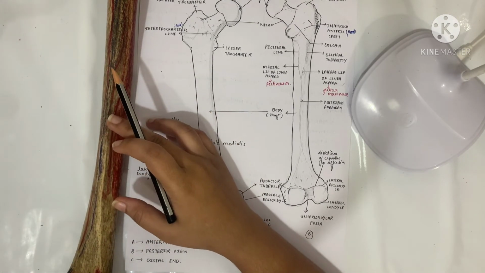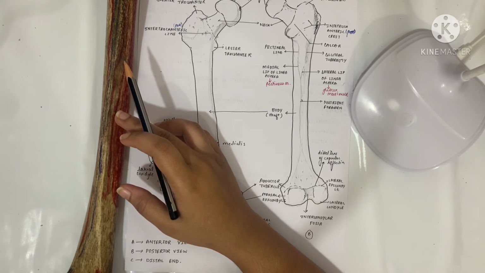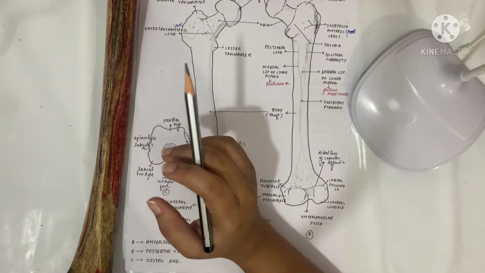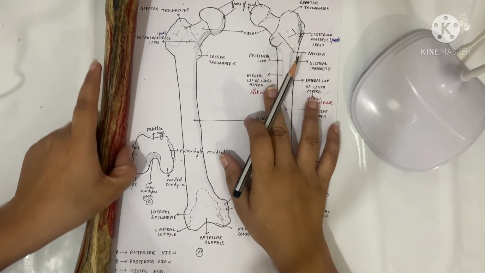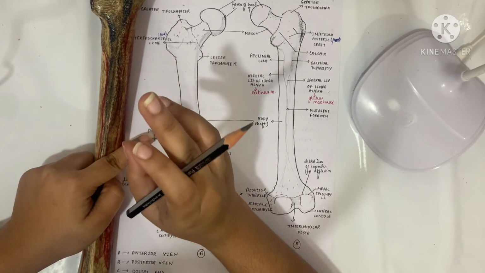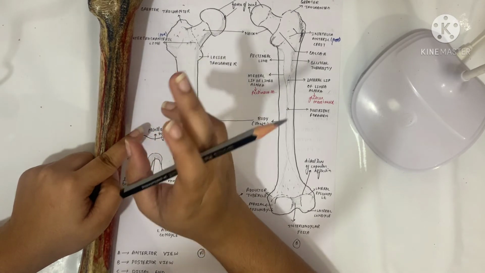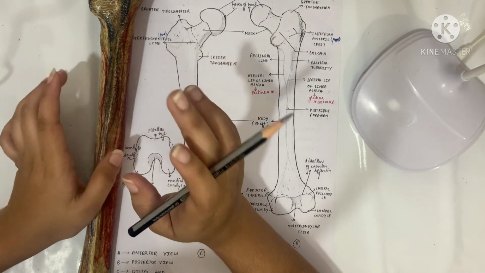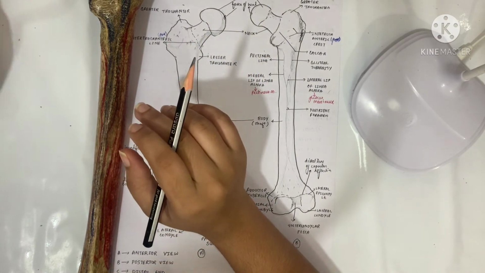So this was all about the muscles which are attached to the femur, and coming to the linea aspera, which gives attachment to the 9 structures. This is the linea aspera. It gives 3 insertions, that is adductor brevis, longus, magnus. 3 origins, vastus medialis, vastus lateralis, and short head of biceps.